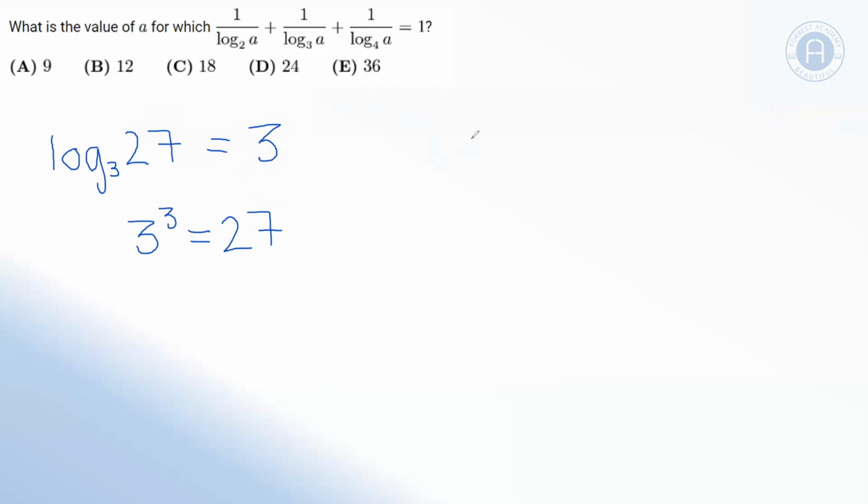There are a few laws that we should know with our logarithms. These can be our multiplication rule.